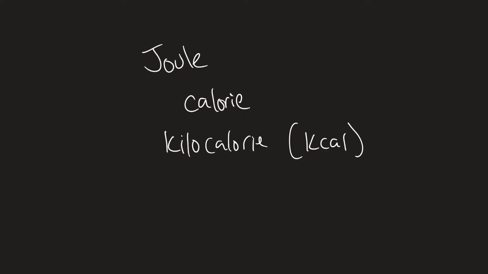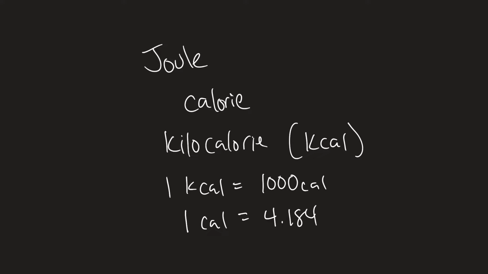One kilocalorie or food calorie is 1,000 of, I guess, a small calorie, if you want to say that. And if you want to equate this to joules itself, we know that 1 calorie is equal to 4.184 joules. So that's the relationship between the SI unit for energy and a calorie.